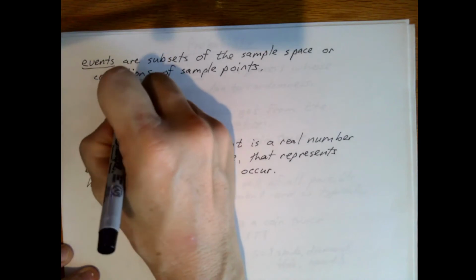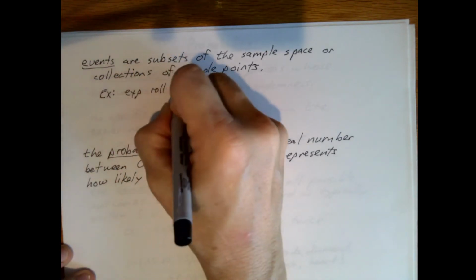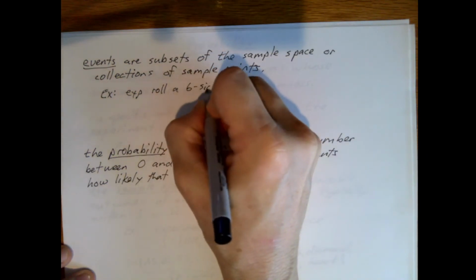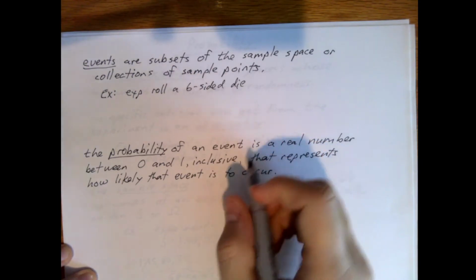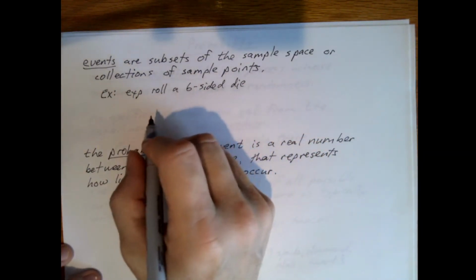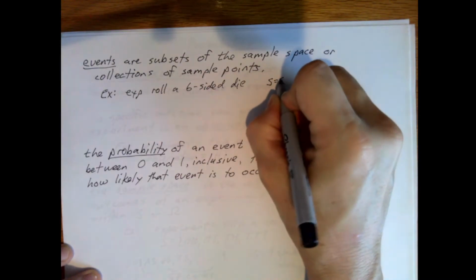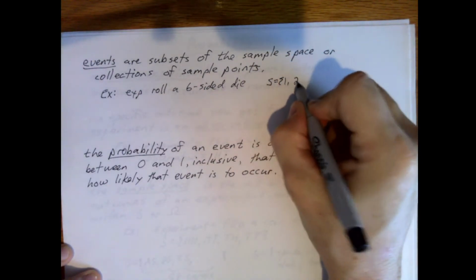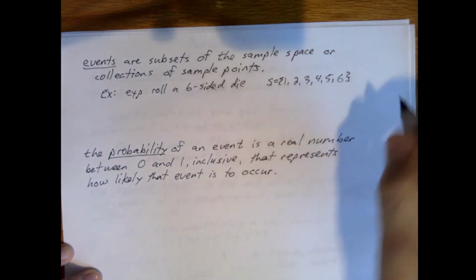So let's say our experiment is to roll a six-sided die. What's our sample space? Well, I might choose what I think most people would choose, which would be that you could get a 1, a 2, a 3, a 4, a 5, or a 6.